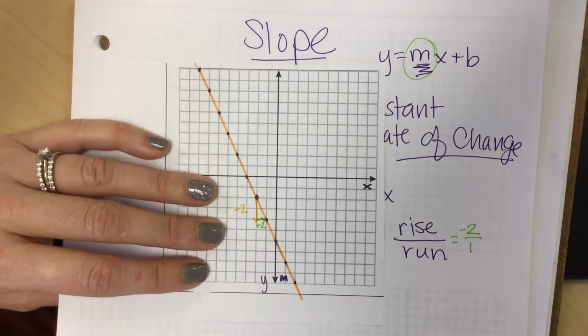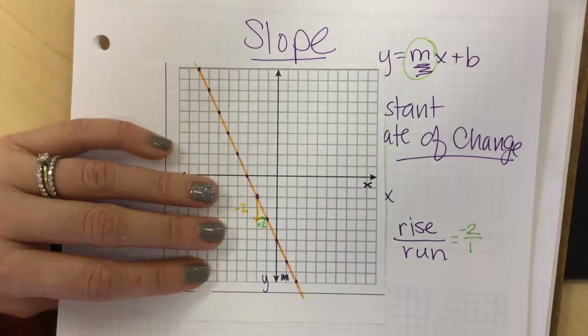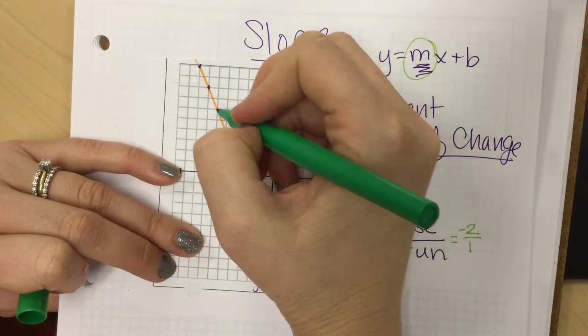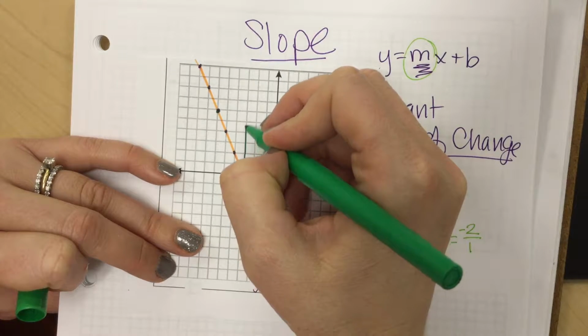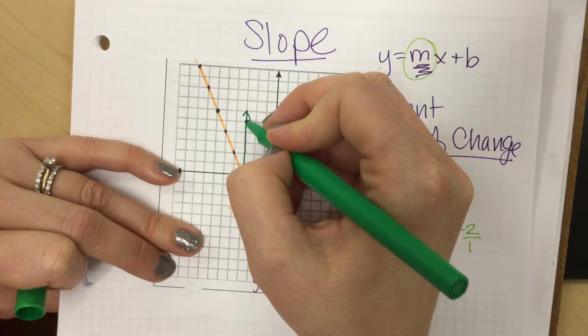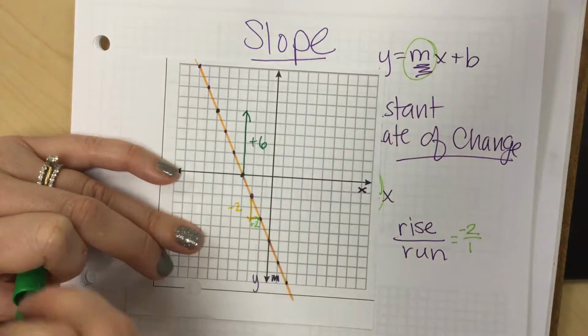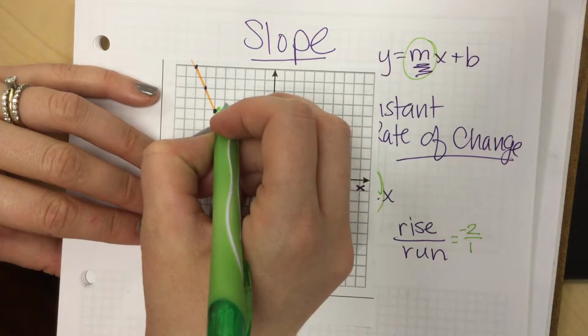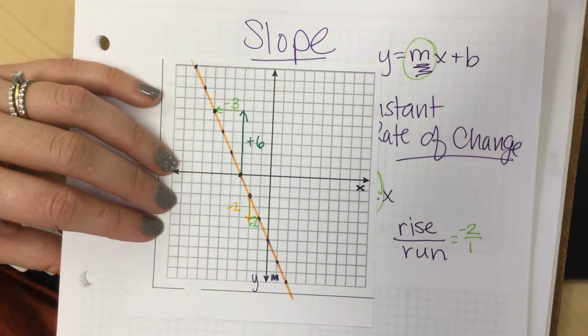Now, somebody else might pick 2 other points. So let's say someone picks this point here and this point here. They would rise +6, and then they would run -3, backwards 3 here.